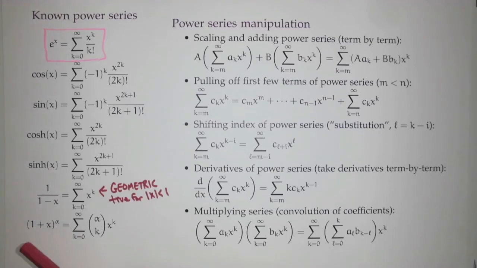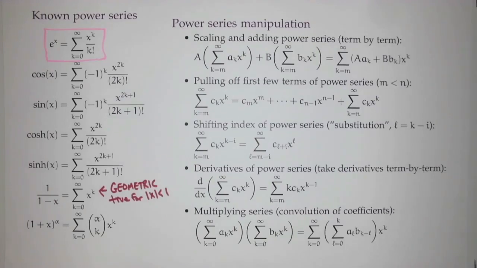This last one, 1 plus x to the power alpha. Now, if you've taken an algebra class, which I hope you have at some point, you probably have encountered expressions like this. 1 plus x squared. All right, it's 1 plus 2x plus x squared. Great. You might even know 1 plus x cubed. 1 plus 3x plus 3x squared plus x cubed.